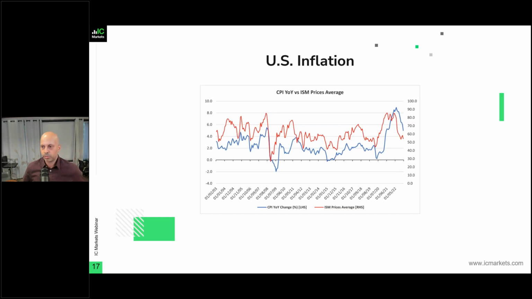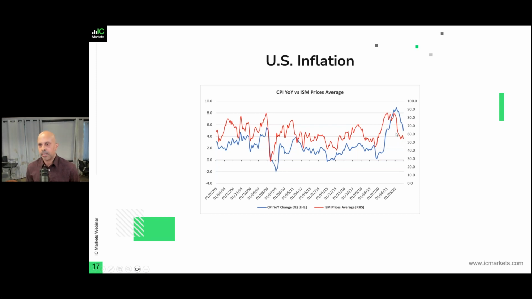I just add the two figures for each particular month, divide by 2, and I've plotted it against CPI. So this is the annualized consumer price index from 2003 all the way to the present time.